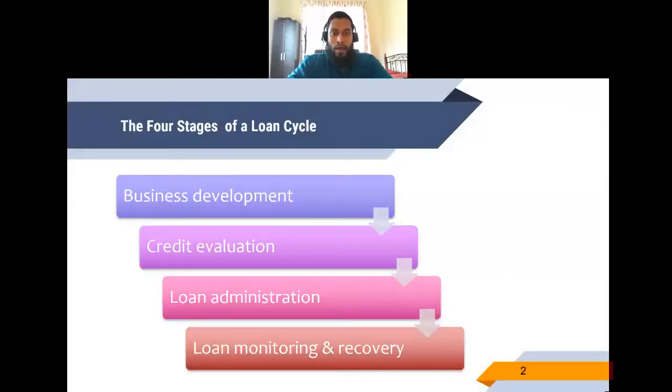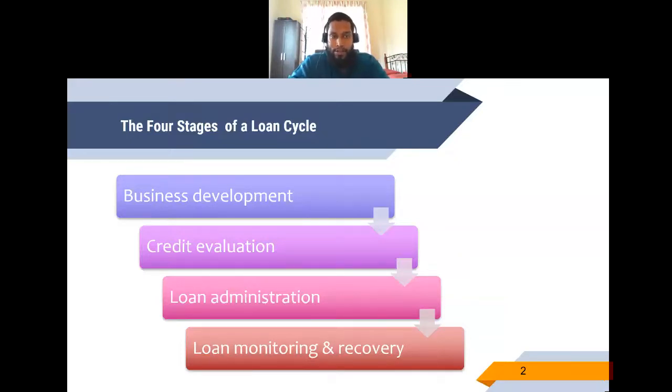Great. If we have a bird's eye view of the cycle of a loan, a customer goes to an Islamic bank, takes financing, and then he pays back. We can divide it into four cycles.